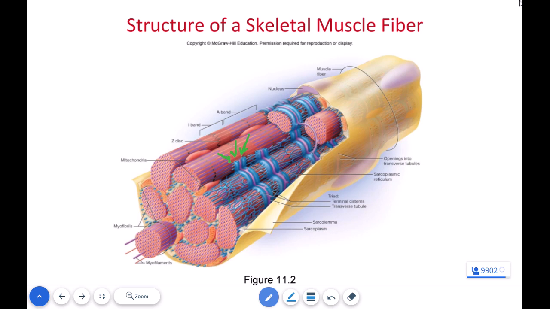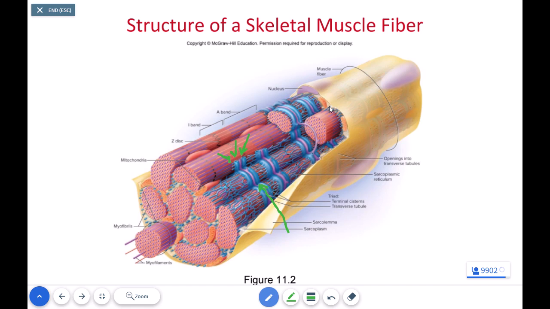As we're looking at this individual muscle cell, we'll have the endomysium, which wraps around it to electrically insulate it from other muscle cells, and then we have the cell membrane of the muscle cell, known as the sarcolemma. That sarcolemma will have invaginations, or tubes that go into it. Those tubes are called T-tubules. In this figure, they're purple.